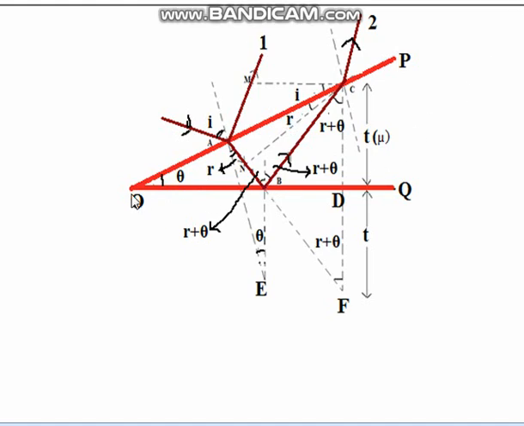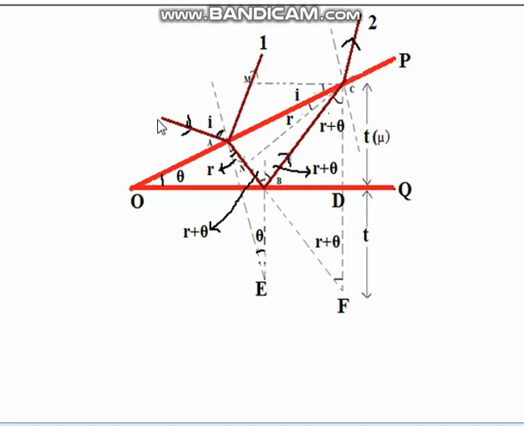O is the point of contact. At point O, the thickness of the film is 0, and as we move far from the O point toward the exterior of the film, that means towards P and Q, the thickness of the film increases regularly.